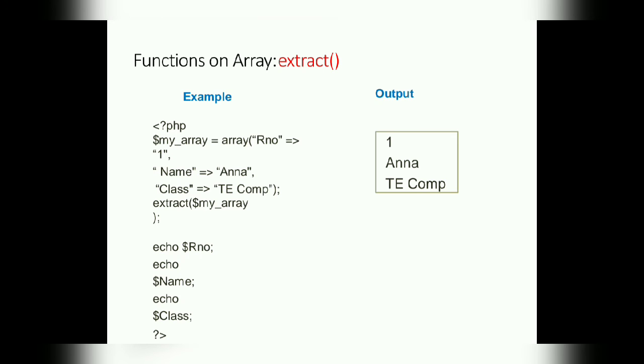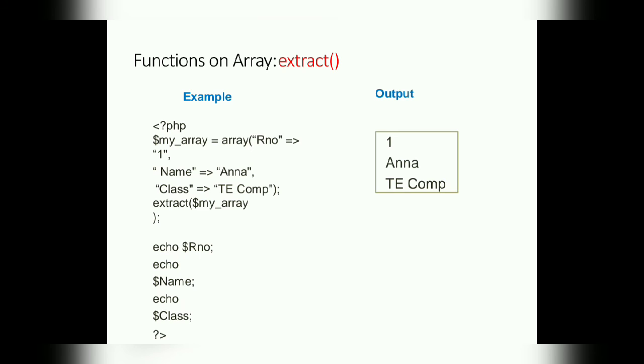Here $a is holding the array of a for apple, b for banana. The output will be Array in brackets, which is the standard format of an array within the index box: $a equals apple, $b equals banana.